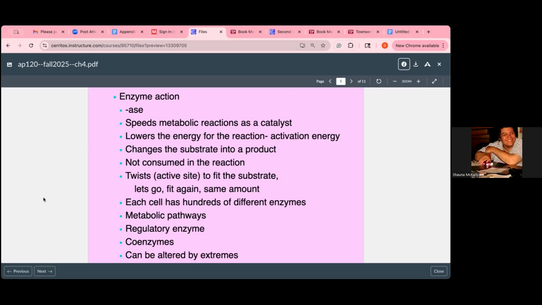Do you remember what alters enzymes? There's about four things that we've talked about that can alter the way reactions work. Do you remember? It's the same kinds of things that will denature proteins.